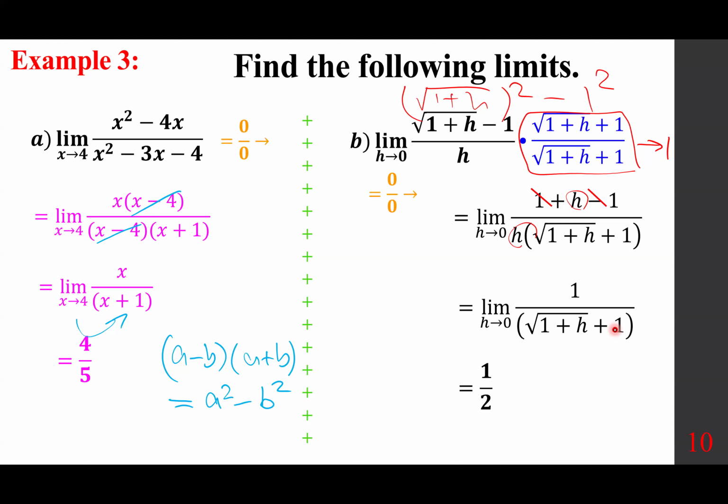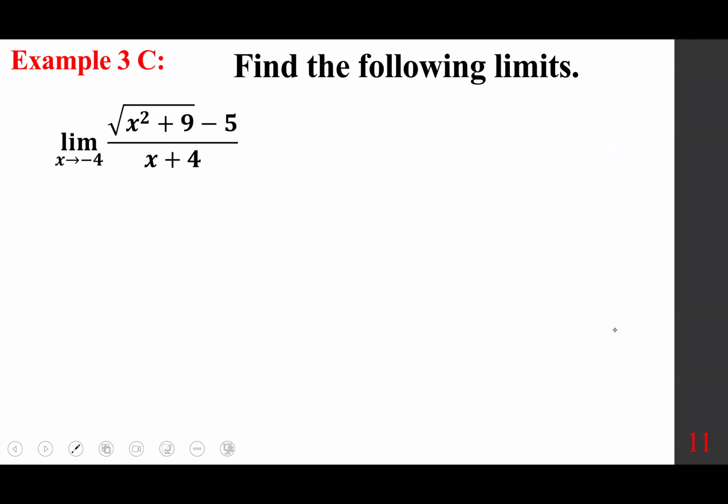That's pretty straightforward. The limit of the square root of x squared plus 9 minus 5 over x plus 4 as x approaches -4. Clearly, you plug in, and obviously the denominator is 0. What happens here, you get -4 quantity squared, 16 and 9, 25 comes out as 5, minus 5, also 0.